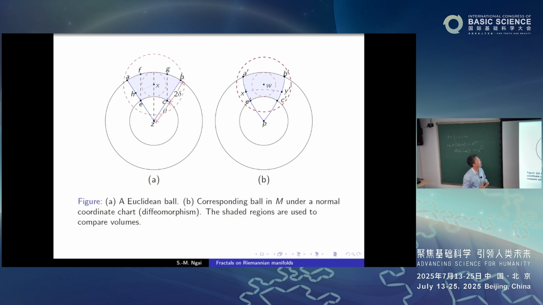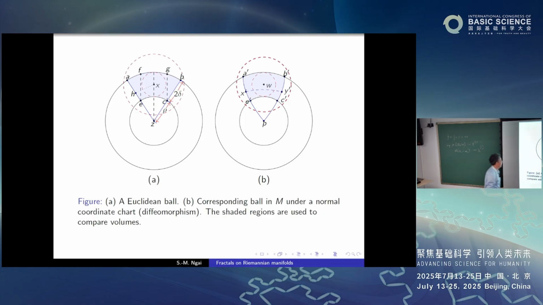And Rauch's comparison theorem guarantees that if the sectional curvatures are upper bounded, then the geodesics do not converge too fast. So this region will not get infinitely big or too small.